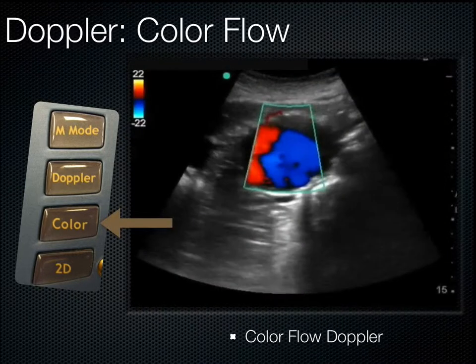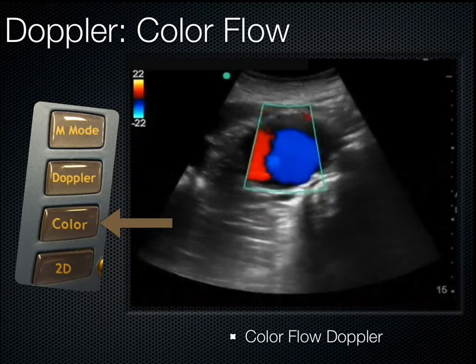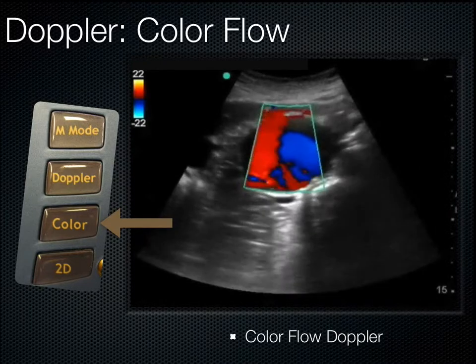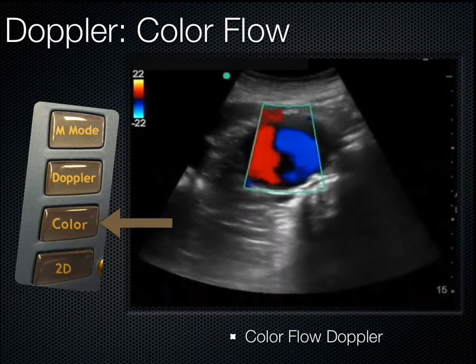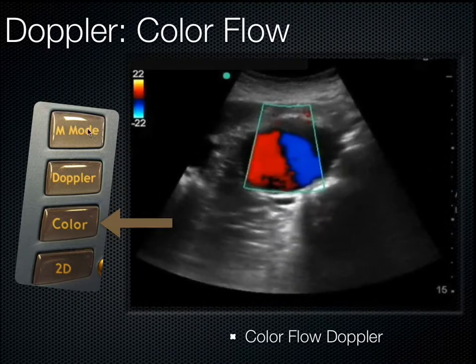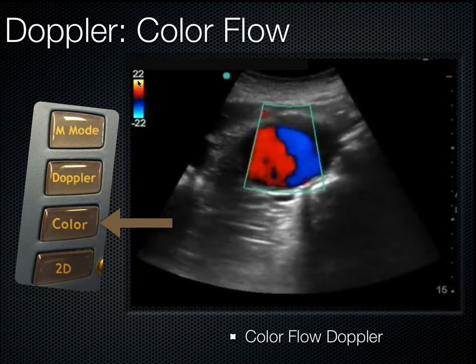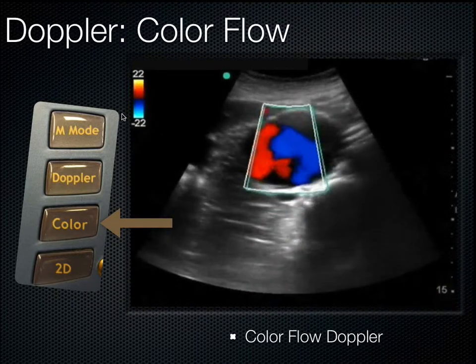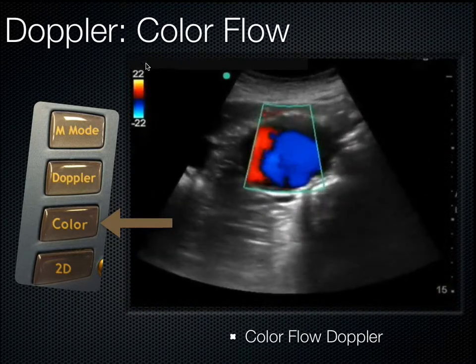Now, Doppler is the shift of moving red blood cells as they come to and go away from the ultrasound beam. And we can see here, this is one type of Doppler called color flow Doppler. Red is flow towards the transducer, and blue is flow away from the transducer, as represented by this little scale over here.